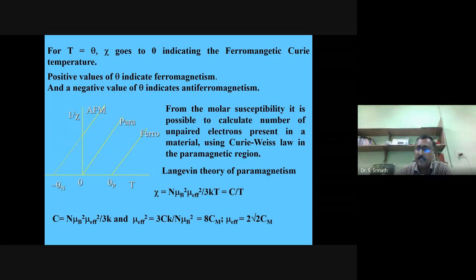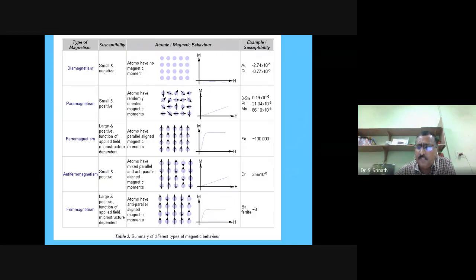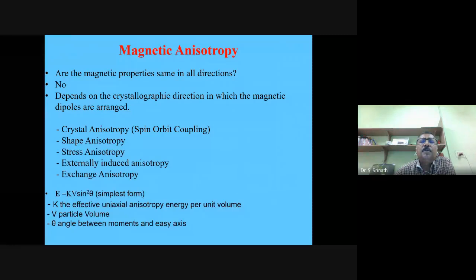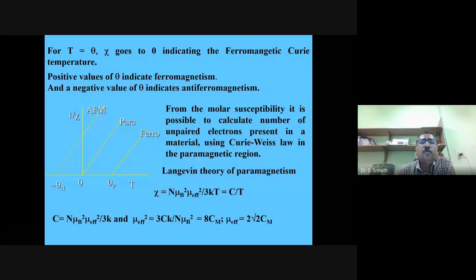Okay, so with that, I will stop here and I will introduce you to the most important concept called magnetic anisotropy next week, which will help us understand why we have domains. Also, I do not want to discuss now how to differentiate, because we should first learn how to measure magnetization. Only then does it make sense to measure susceptibility.